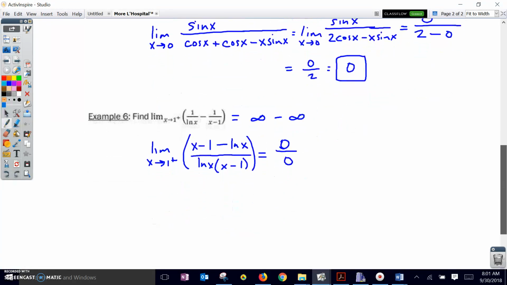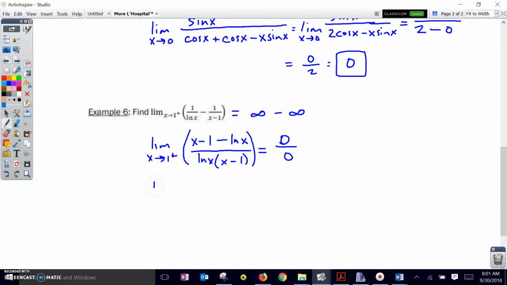And so I'll apply L'Hopital's rule and take the derivative of both the numerator and the denominator. The derivative of the numerator is going to be 1 minus 1 over x. The derivative of the denominator is going to be, let's see, natural log times the derivative of x minus 1, which is 1, plus quantity x minus 1 times the derivative of natural log, which is 1 over x.